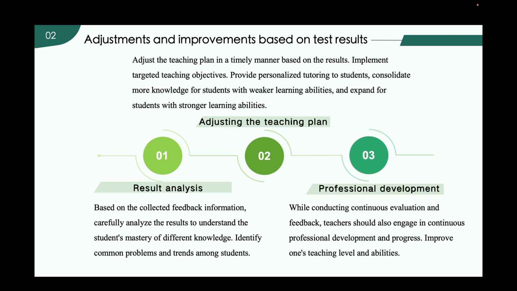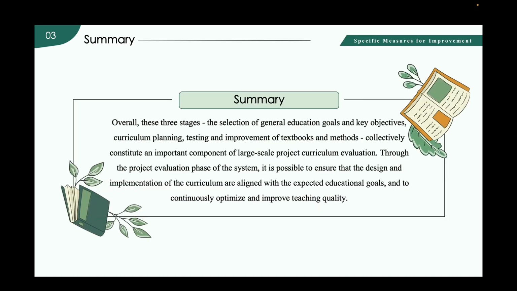Finally, it is development of the professional level of teachers. While conducting continuous evaluation and feedback, teachers should also continue to engage in professional development and progress. Improve teaching level and ability, for example, through some seminars.